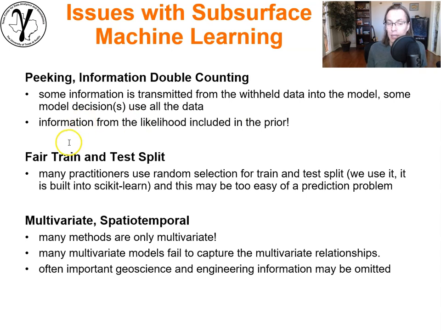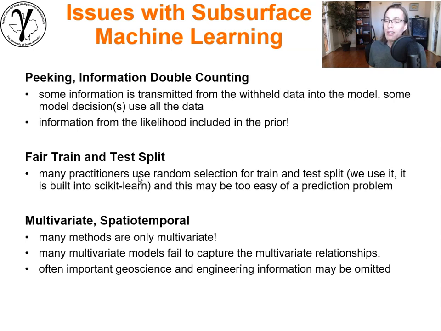Fair train and test split. Practitioners use the random selection methodology for train and test split. In fact, it's coded in directly as a function within scikit-learn, and I use it within my workflows too. But as I discussed in the class, if we're randomly removing 20% of the data set and we have some type of ordered data set with strings of data in space, as we often do in the subsurface, wells, drill holes, and so forth, we may be testing our model against the problem of predicting vertically half a foot.